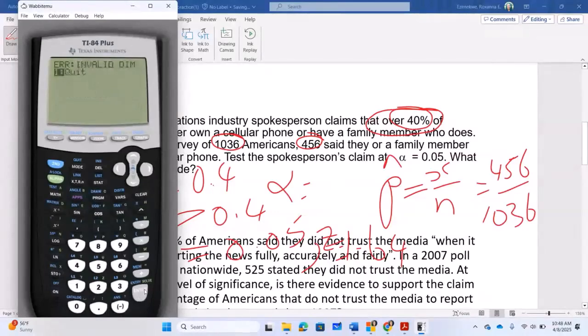Okay, so let's see what the calculator is saying. One prop Z test. Okay, 0.4. So what is not right right now?